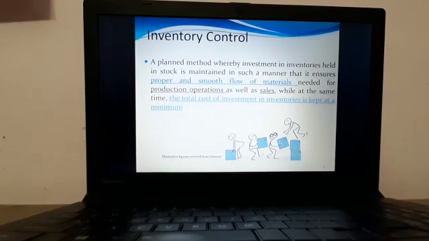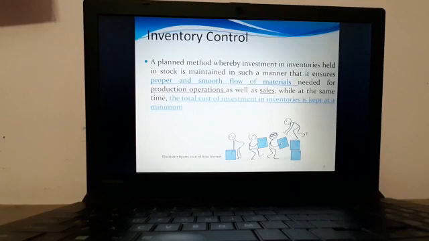That means the process should be controlled in such a manner that we have total assurance of a smooth flow of materials into the production process, as well as finished products being ready for sale. Meeting all this is known as inventory control.